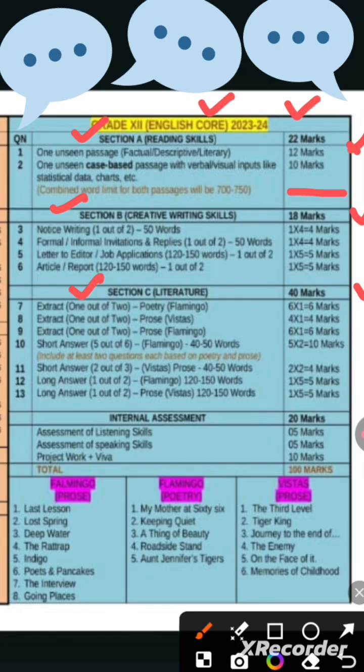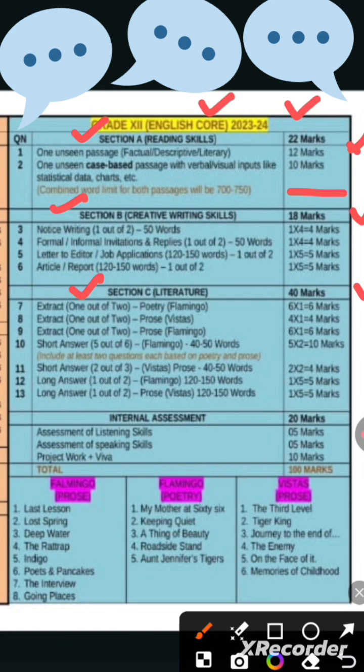Flamingo and Vistas: the names of the books, the names of the poems, the prose lessons, the poetry, the names of the poets and the writers, everything should be on your fingertips. So extract 1 out of 2 poetry from Flamingo would be for 6 marks. Extract 1 out of 2 prose from Vistas would be for 4 marks. Extract 1 out of 2 prose from Flamingo would be for 6 marks.